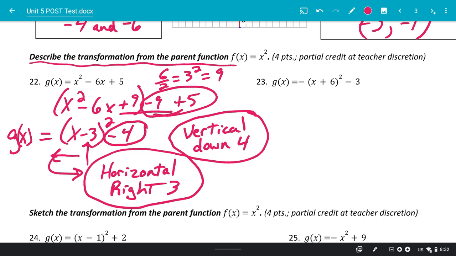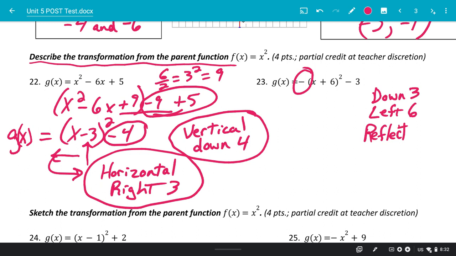Number 23 is a little easier to see. You can see here it's going to go down because outside is vertical. So it's going to go down 3. Then this on the inside is left and right. I would think that would go to the right, but it's actually going to the left 6. And we have this negative sign out there, and it's on the outside, that's vertical, so it means it's going to reflect vertically.